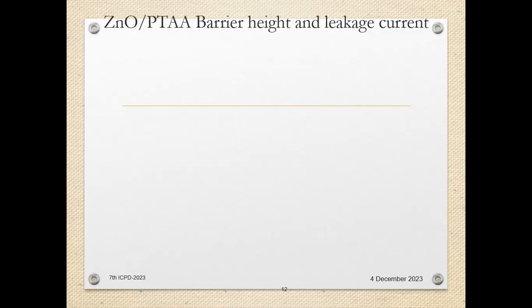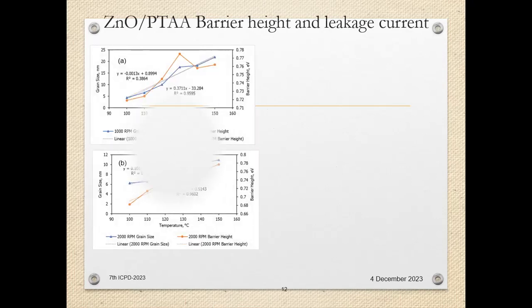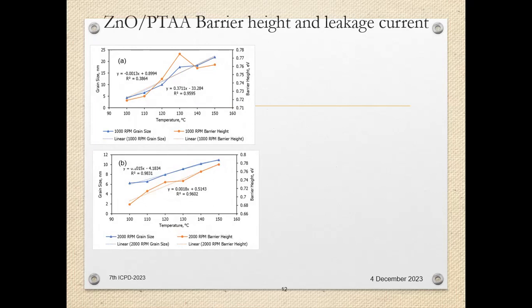So in that perspective, for the zinc oxide and PTA materials, we did not develop any barrier because there was an impediment to do so. That's why we eventually use this crystallization process with the annealing temperature, and how the grain size improvement can increase the barrier height, which we can observe from these two graphs at different temperatures and different spin coating processes.